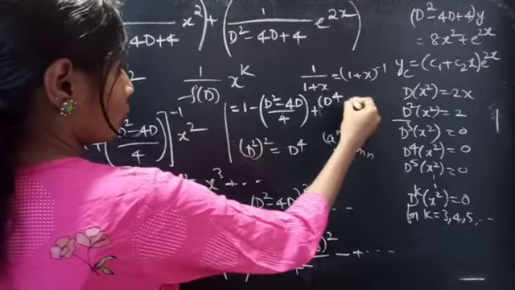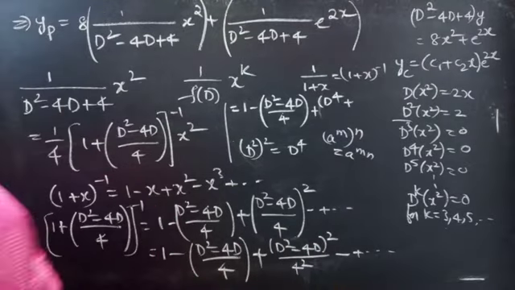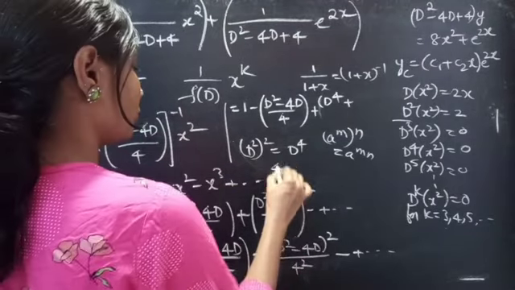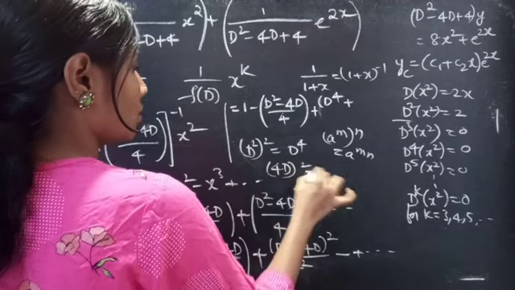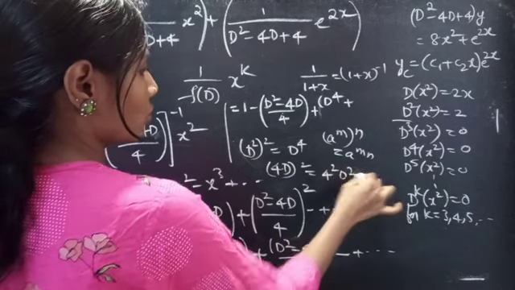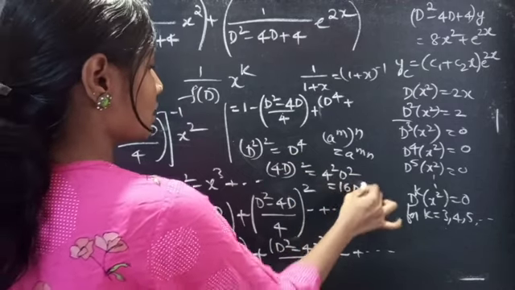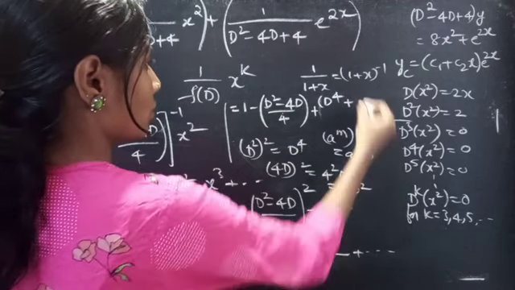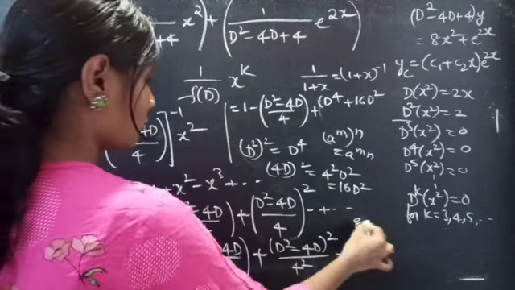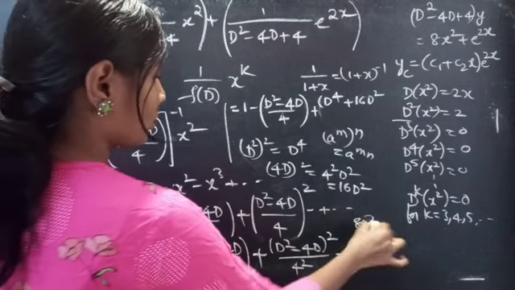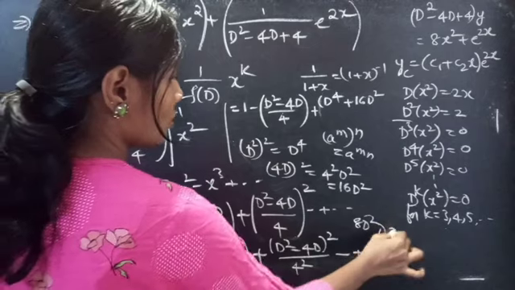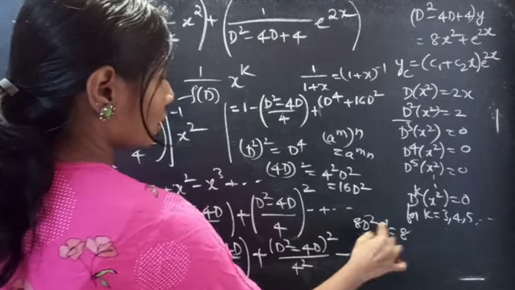Plus 4d whole square. 4d whole square is 4 square into d square. 4 square is 16, so we'll get 16d square. Next, minus 2 4s are 8, 8 d square into d, which is 8 d square into d power 1.